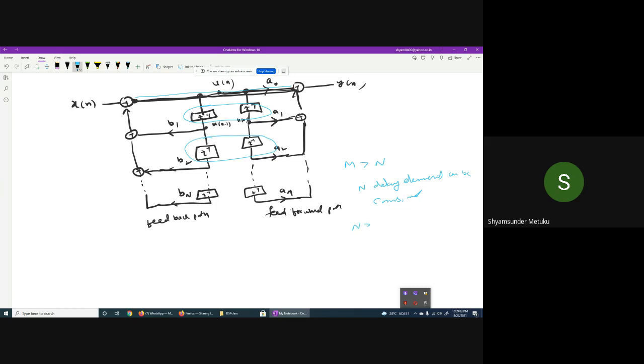If n is greater than m, then m delay elements. Try to remember, whichever is less, only that number will be combined. Whichever is greater, you have to use extra delay elements anyhow, isn't it? Correct or not?